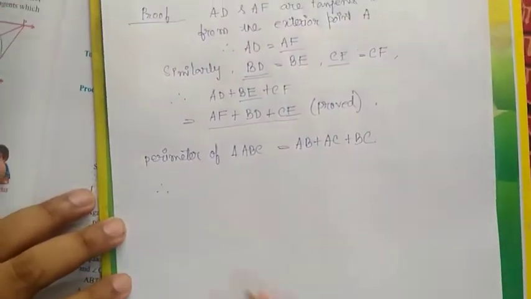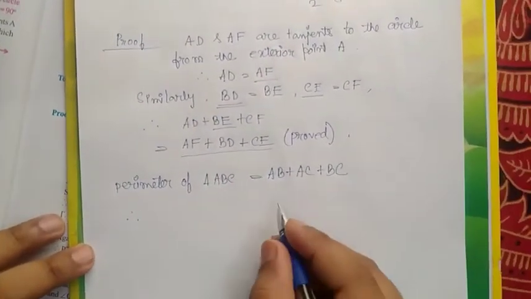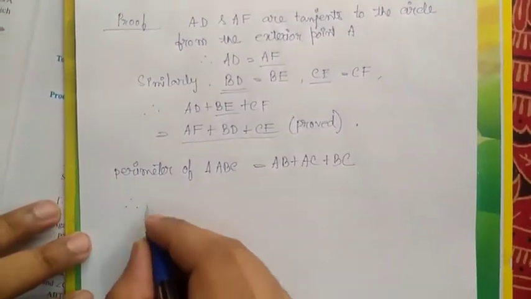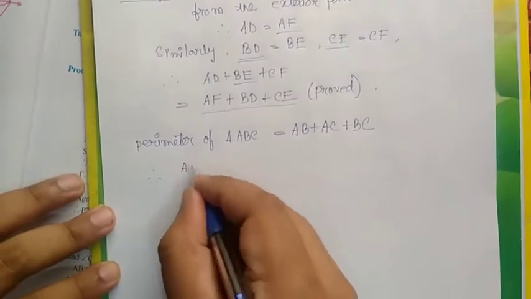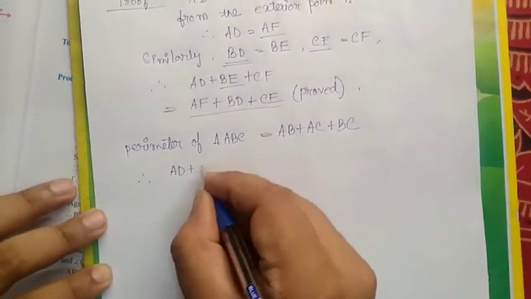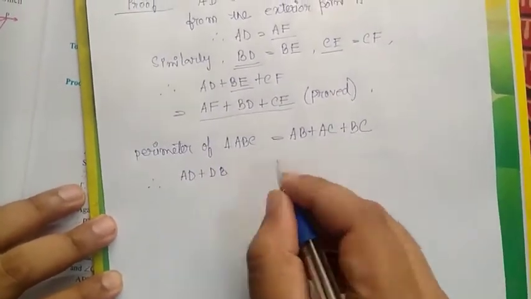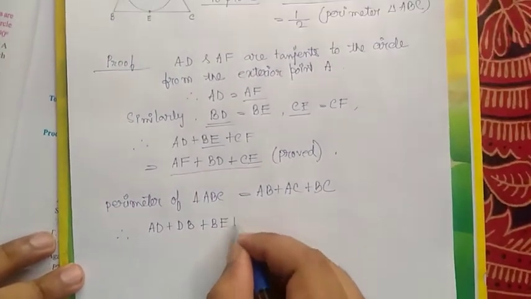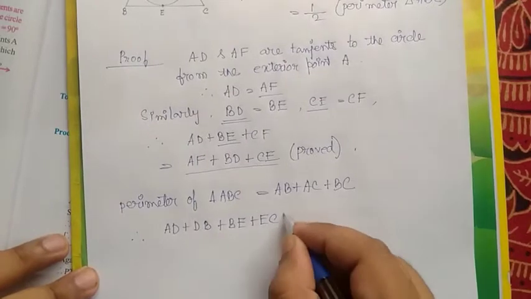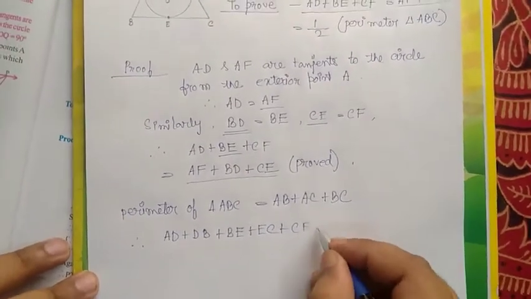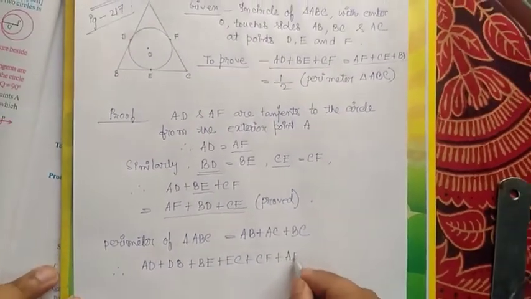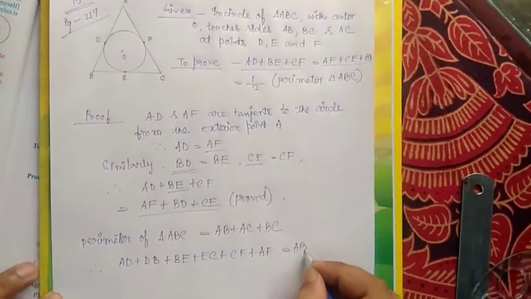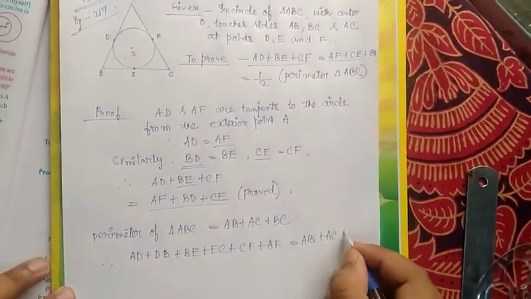So therefore we can say that AD plus DB plus BE plus EC plus CF plus AF equal to AB plus AC plus BC.